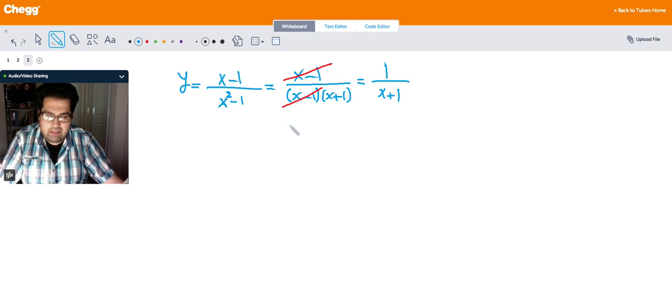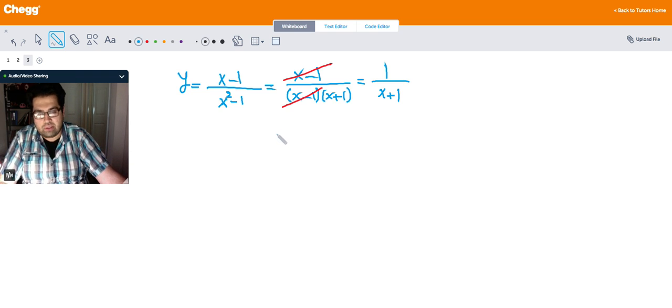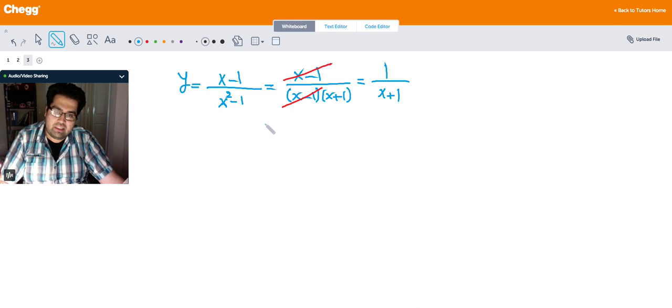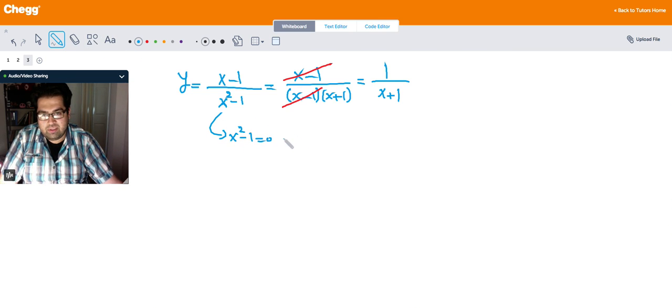You have to simplify the fraction first before setting the denominator equal to 0, because some factors cancel out when you simplify, and those factors are not going to give you a vertical asymptote anymore.